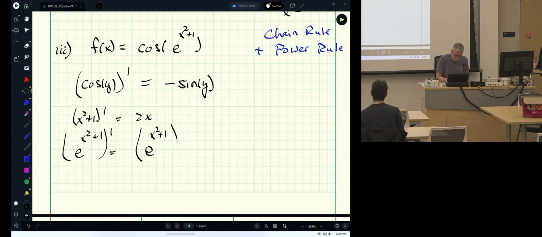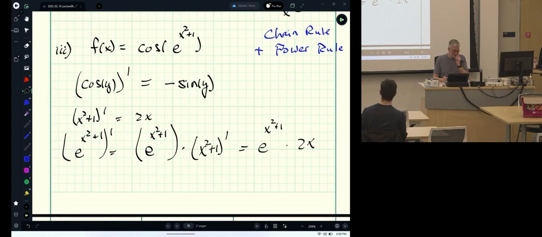So we first just have this, and then times the derivative of x squared plus 1. And so we end up with e to the x squared plus 1, and then times 2x. Right? Okay.